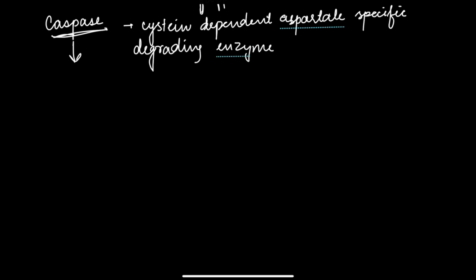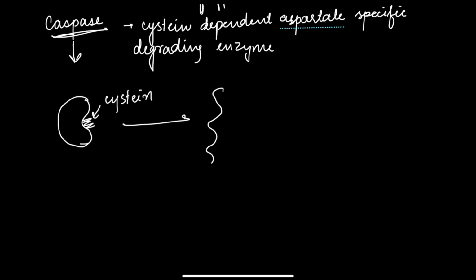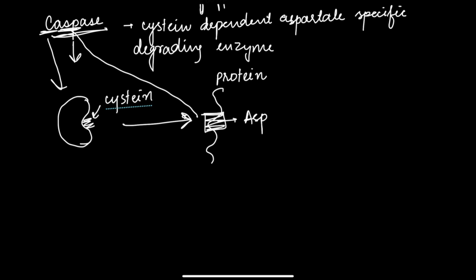Suppose this is the caspase. On its active site it contains cysteine, and it targets a protein. Obviously it is a protein-degrading enzyme, or a protease, you can say. So it targets a protein, and caspase attacks the aspartate-specific site of the protein. That is why it has got the name. C stands for cysteine, asp stands for aspartate, and ase stands for protease enzyme because it degrades a protein, right?